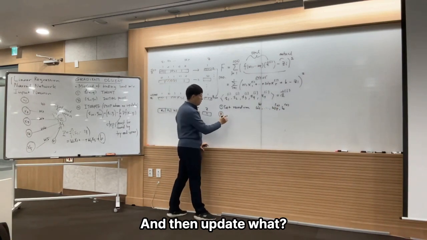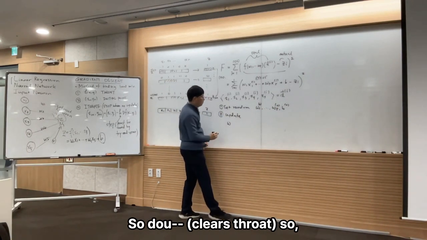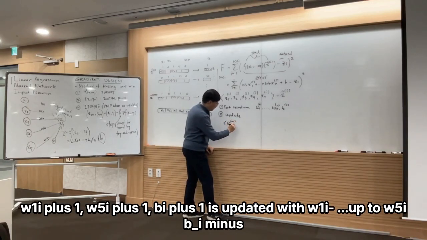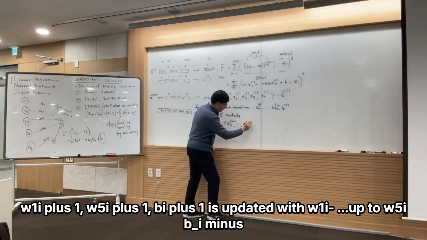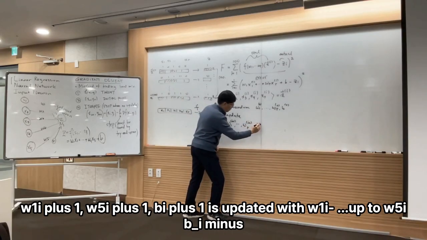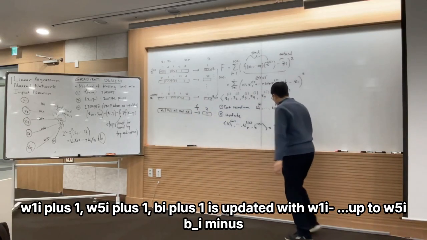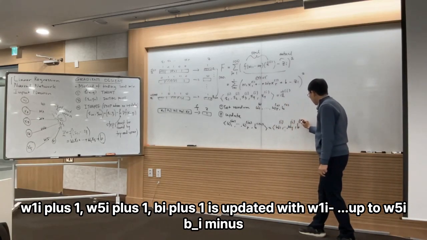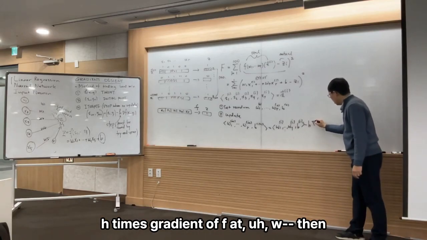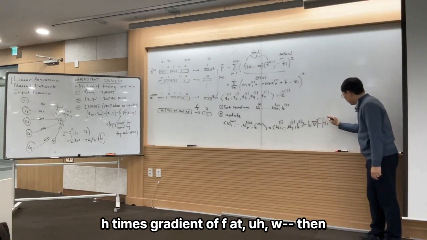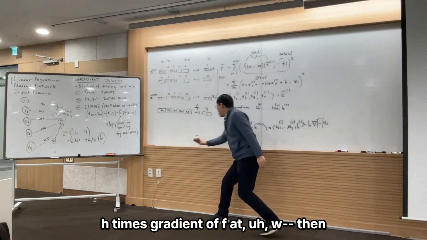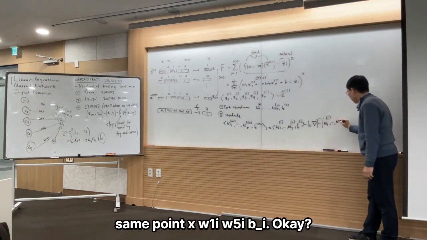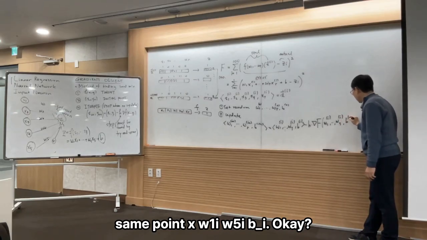And then update: W1 (i+1) up to W5 (i+1), b(i+1) is updated with W1i up to W5i, bi minus h times the gradient of f at the same point, W1i up to W5i, bi.